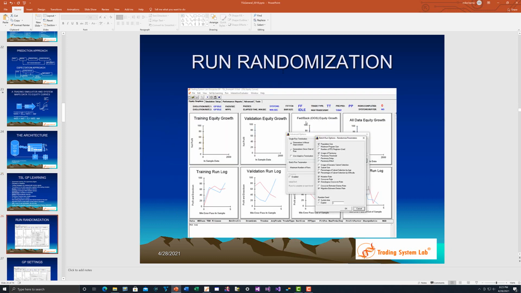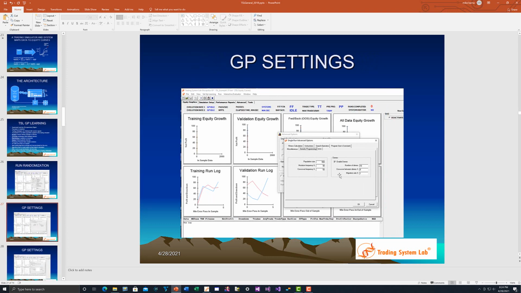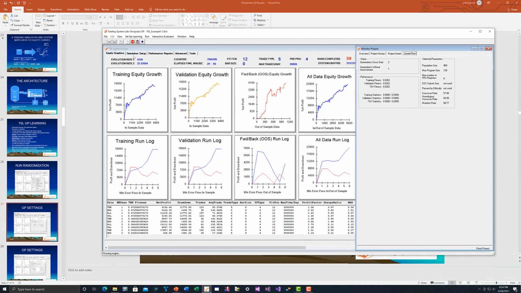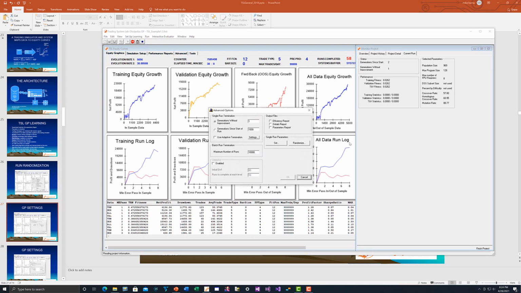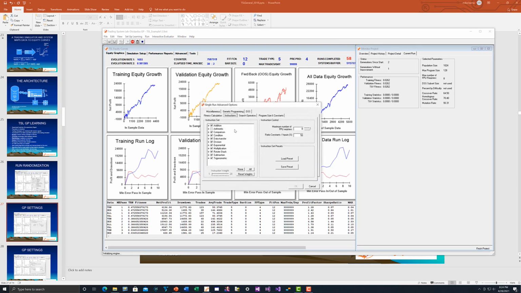So run randomization occurs here in setup learning. This is where we adjust all of these criteria. If we don't want to randomize the population size, for some reason, we deselect population size. The genetic programming parameters are set here under single run learning setup, under single run setup learning options, single run parameters, and here.